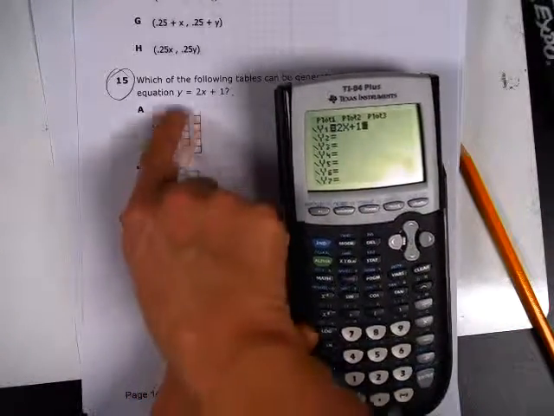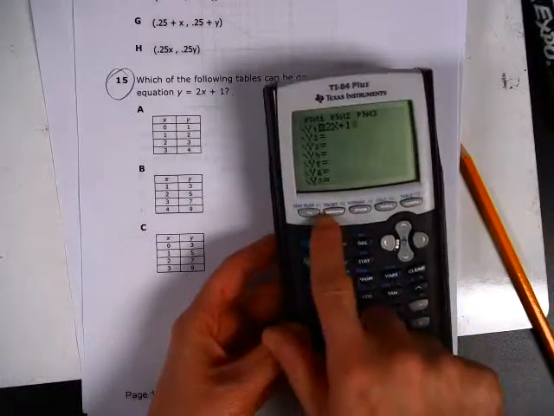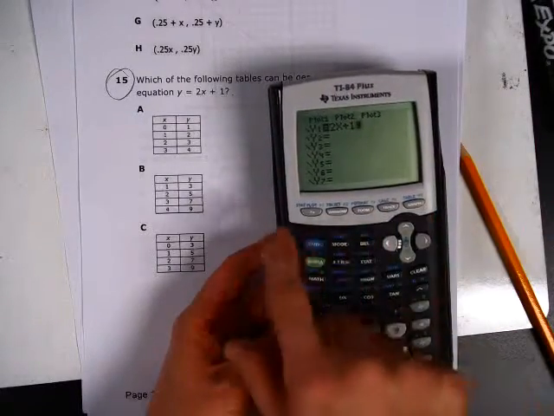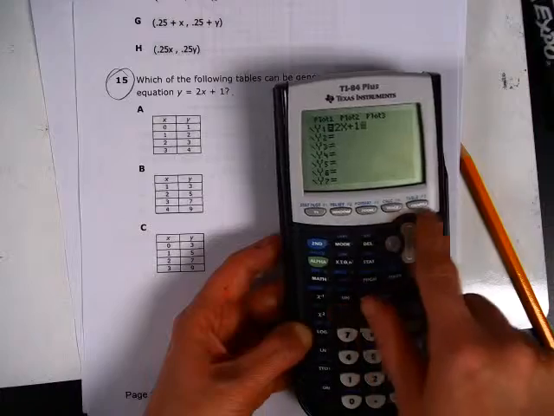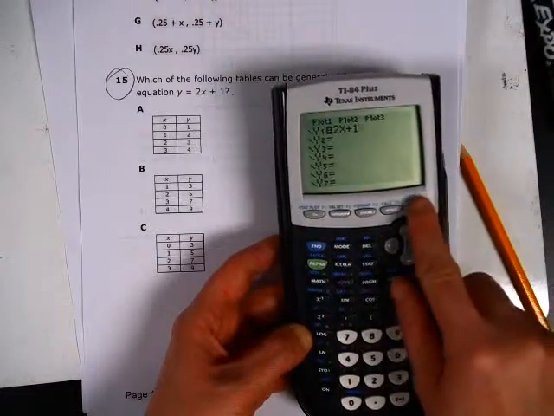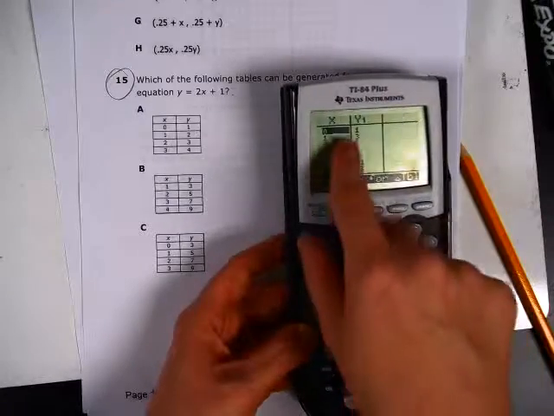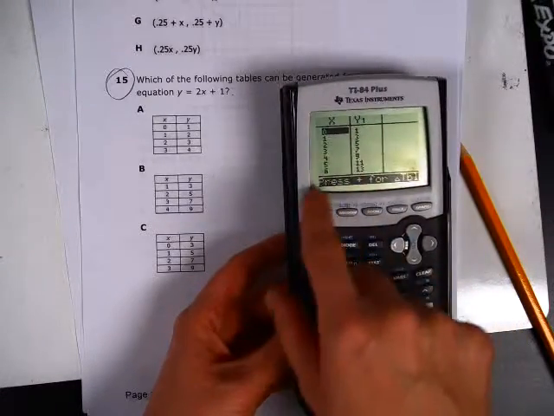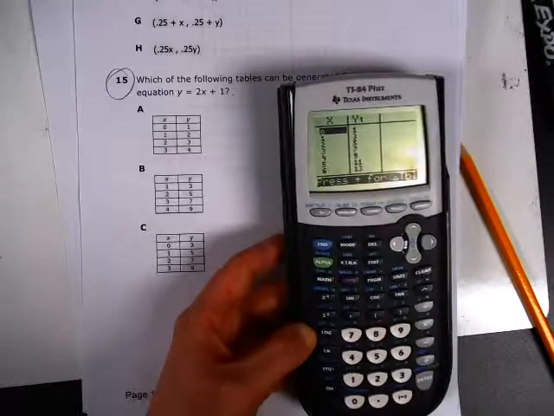And it's in a table form, is it not? So look at the thing. It says window, zoom, trace, graph, and right above graph is table. So go second, table, and look, it brings up a table. Well, now you just have to compare those numbers.